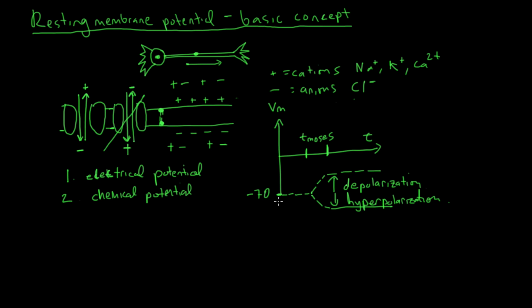And under most situations, these little changes in membrane potential that are happening all the time are not going to result in any big change. So as long as there's a depolarization that is less than a certain threshold, then nothing really happens. There's no action potential, nothing dramatic happens, and we call those electrotonic potentials.